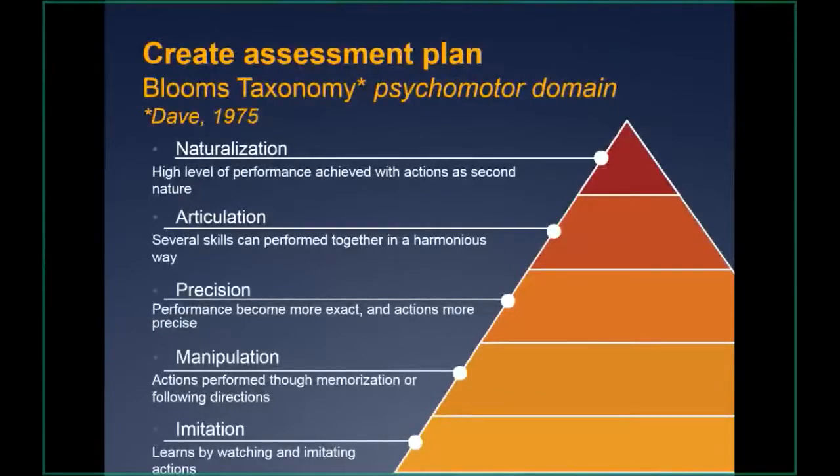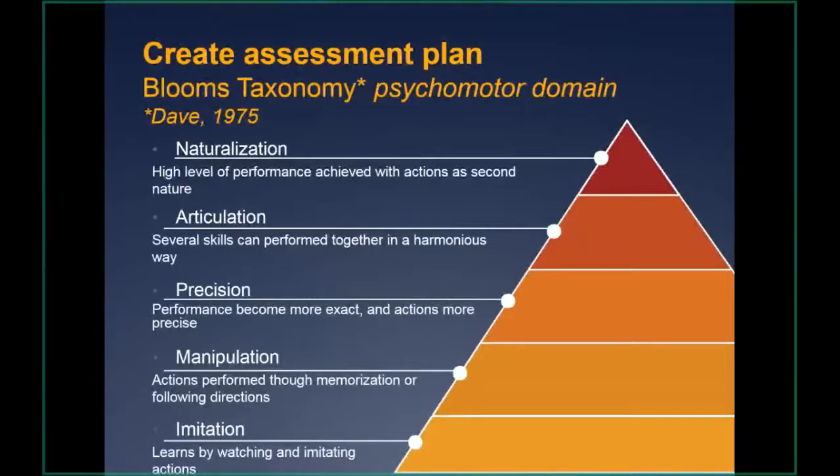Now, many of us have seen the pyramids associated with Bloom's taxonomy, especially with the cognitive learning domain, but here we have the psychomotor learning domain. And as a quick review, if we begin at the very bottom, the broadest base, we begin in psychomotor training, task training, by imitation. And this is basically learners watching and imitating their instructor. Quite simply, as they develop the skills and move up the pyramid, they become more steady, they become more precise, hence the darker orange in the middle.